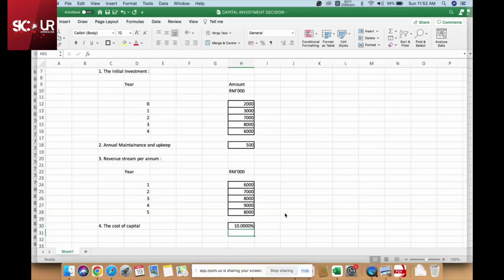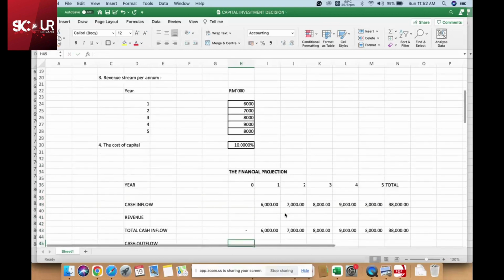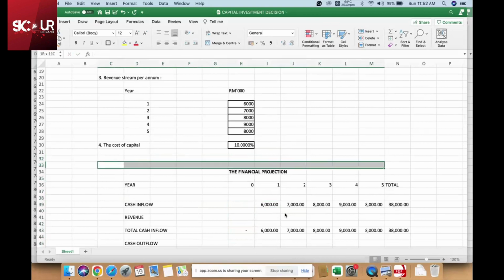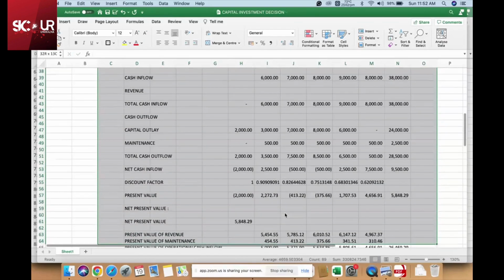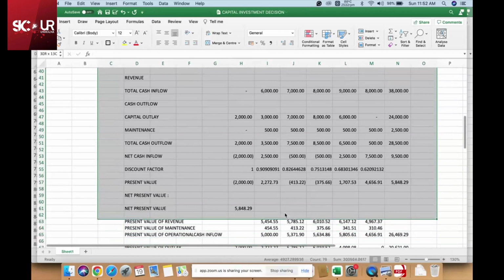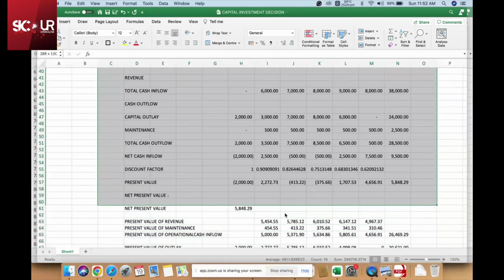Then we will put this in this format, which is the final projection format, up to the present value.